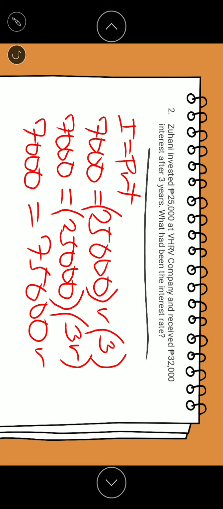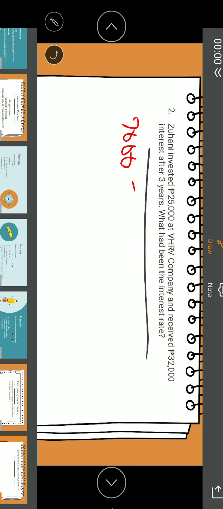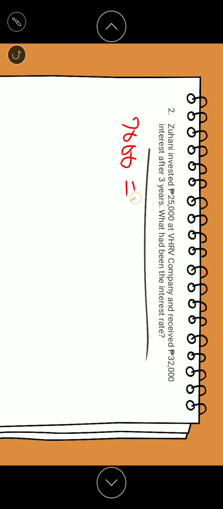Next, in continuation of this solution, we have 7,000 equals 75,000 R. So to proceed to the solution, we need to divide both sides by 75,000.